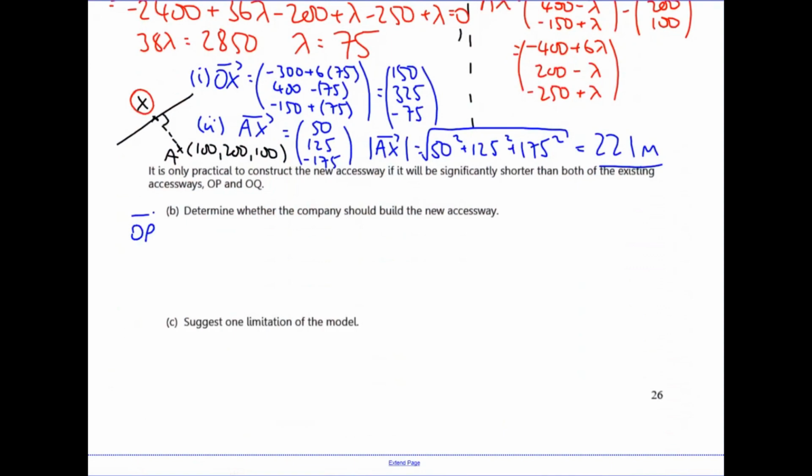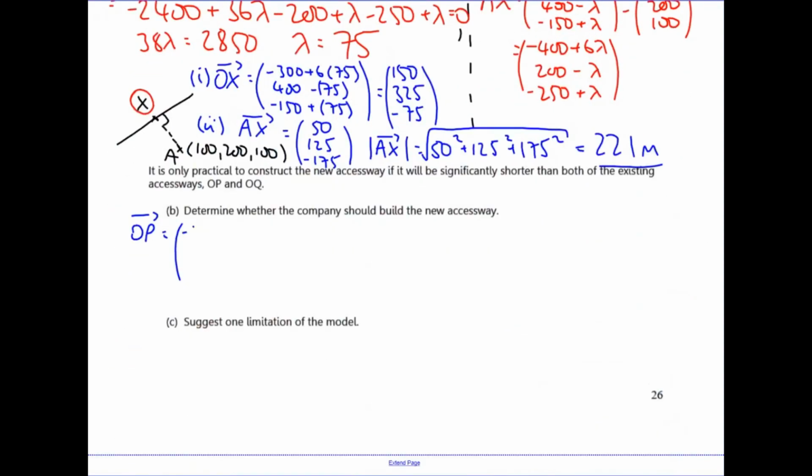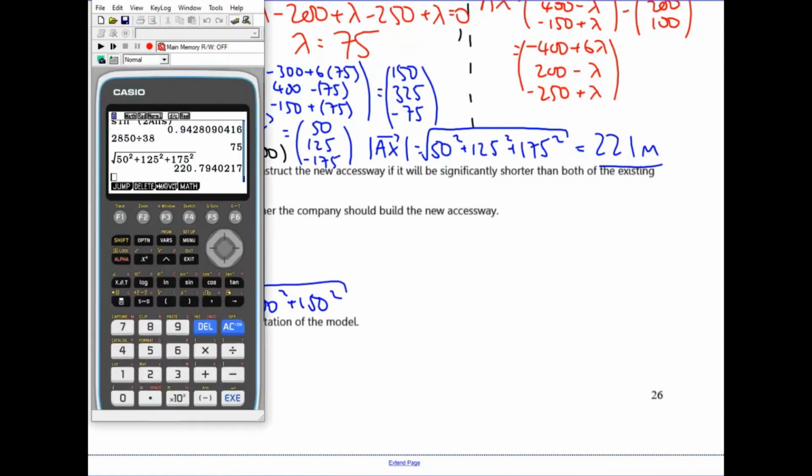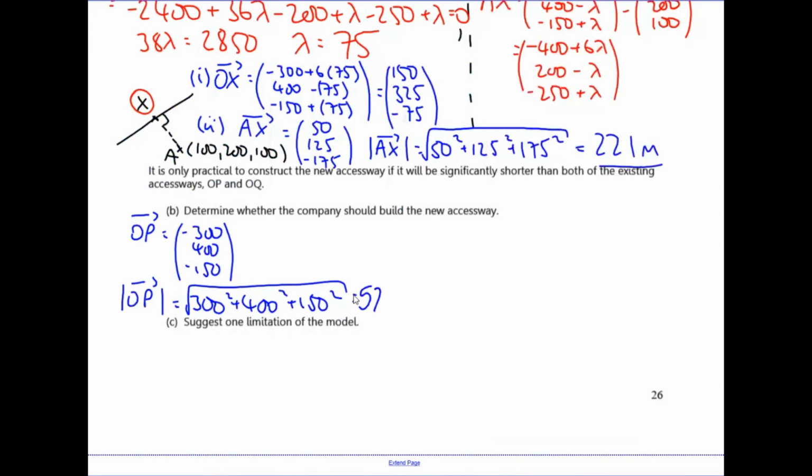So OP is minus 300, 400, minus 50. And so the length of OP is 300 squared plus 400 squared plus 150 squared, square rooted, which gives us 522, which is much bigger.